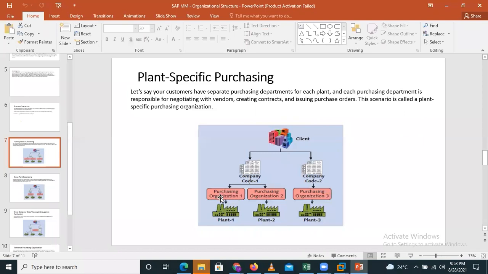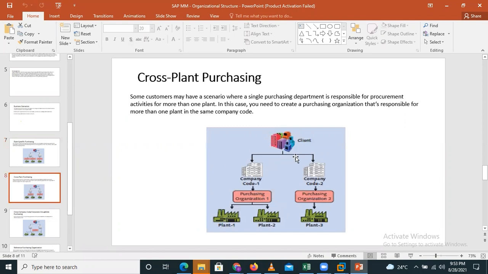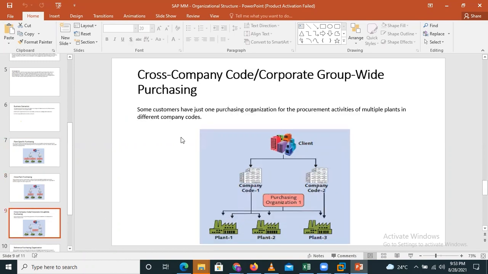But purchasing organization can be assigned to a company code. Why can? Because in plant specific purchasing, if you see, this company code is assigned to the purchasing organization. Here also, this purchasing organization is assigned to plant as well as company code. But in the third scenario, this purchasing organization is assigned only to plant, not to any company code, because this purchasing organization is not working for any specific company code. It is cross company code purchasing.